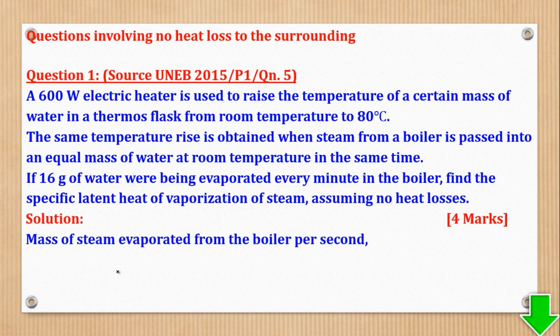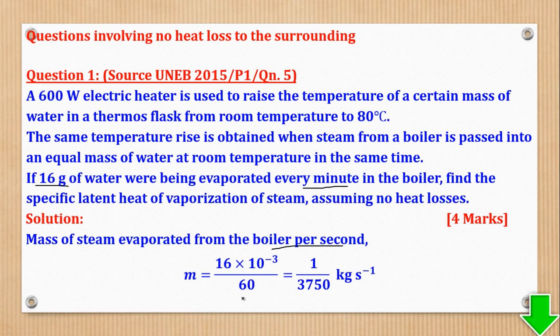So the mass of steam evaporated from the boiler per second will be given by that. Remember, here they said 16 grams of water is being evaporated every minute. But for us, we want per second. That is why we divide by 60.